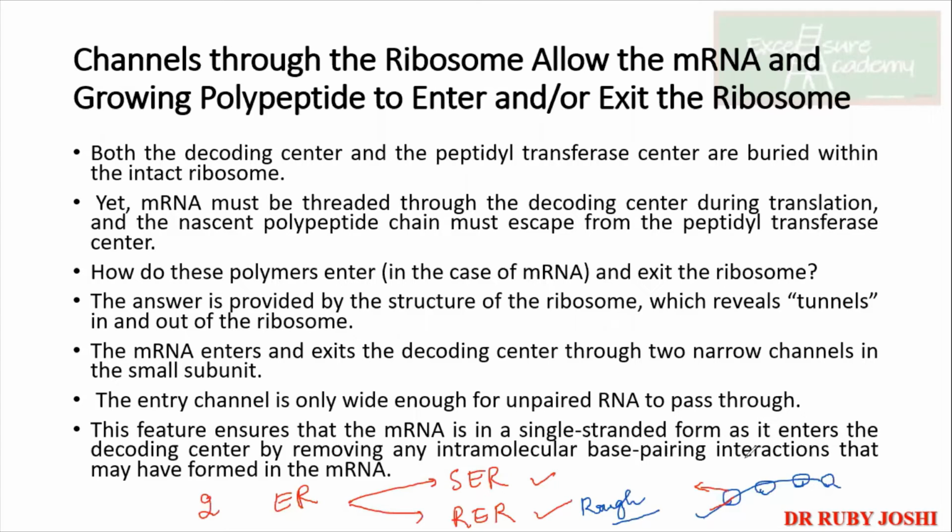Okay, so now look, if you talk about rough ER, why is it rough? Because of the ribosome. Correct. Now how does it happen? If you remember in the previous lecture, what did we say?